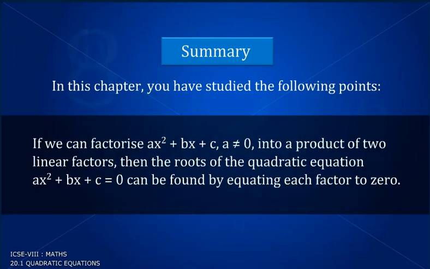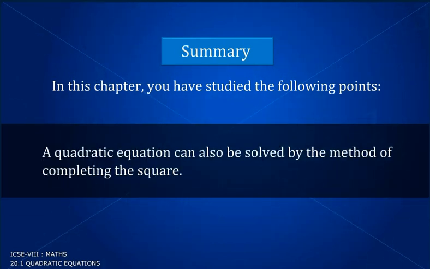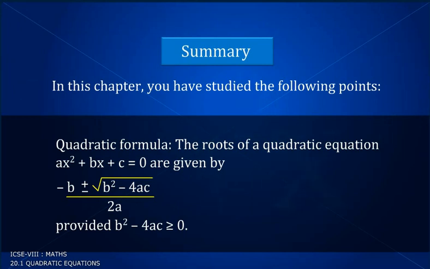3. If we can factorize ax square plus bx plus c, a is not equal to 0, into a product of two linear factors, then the roots of the quadratic equation ax square plus bx plus c is equal to 0 can be found by equating each factor to 0. 4. A quadratic equation can also be solved by the method of completing the square. 5.